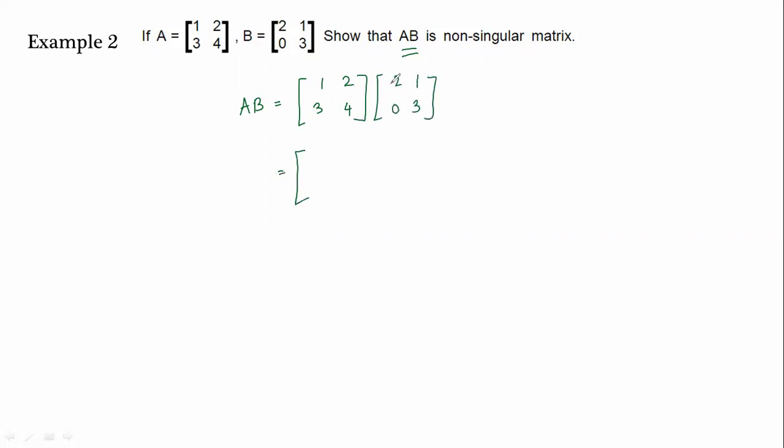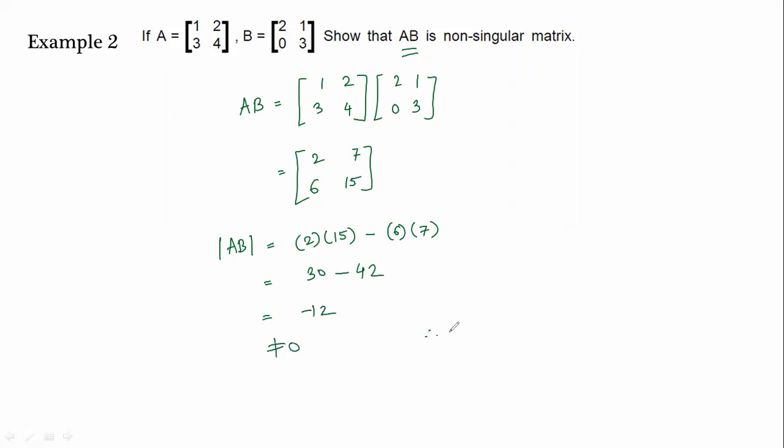So 1 plus 2, 2 plus 0. 1 plus 6. 6 plus 0. 3 plus 12. Now, what is the determinant of AB? 2 into 15 minus 6 into 7. 30 minus 12, which is not equal to 0. Therefore, it's non-singular.